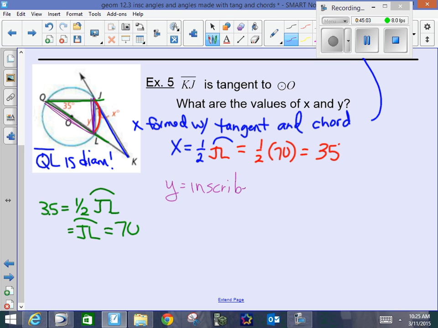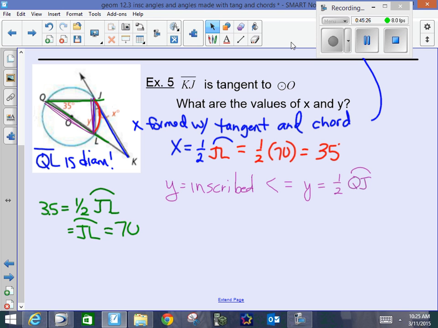Very good. Notice where the vertex is sitting, on the circle. Y is an inscribed angle, so it should be half of its intercepted arc. What's the intercepted arc? QJ.